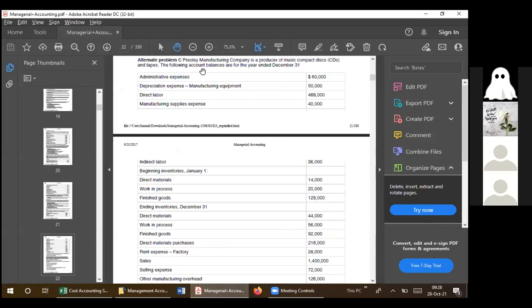So alternate problem C says Presley Manufacturing Company is a producer of music compact disc, CDs, and tapes. The following account balances are for the year ended December 31st.